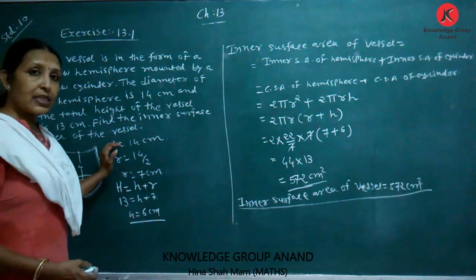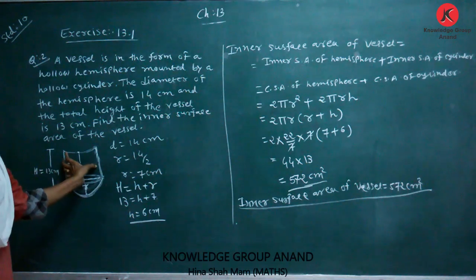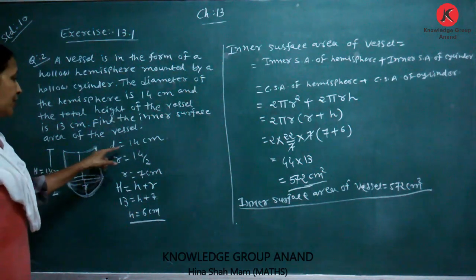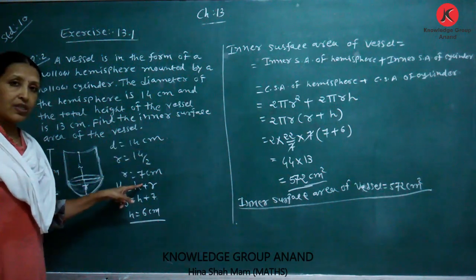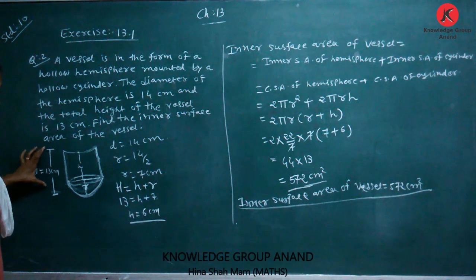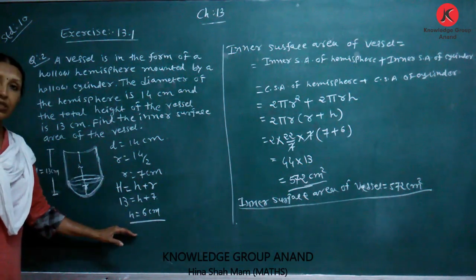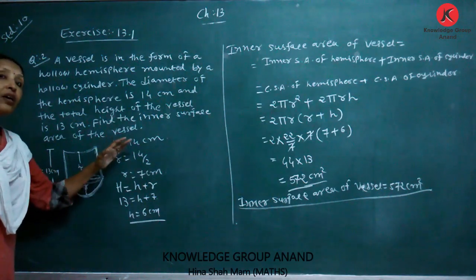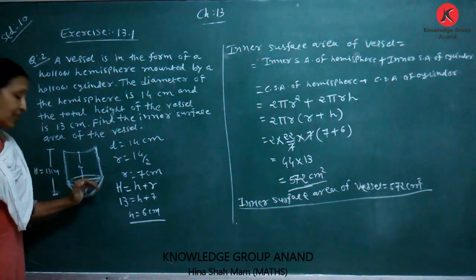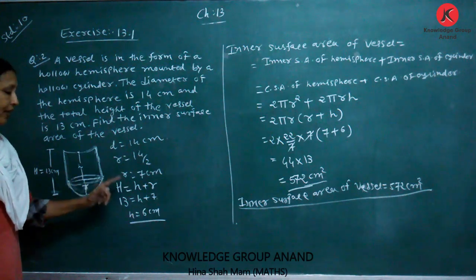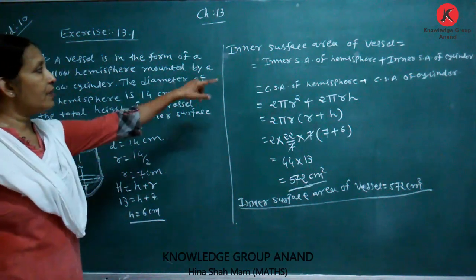Again, the vessel is made up of a hemisphere and a cylinder, hollow hemisphere and hollow cylinder. Then the diameter of the sphere is 14 centimeter. Radius is 7 centimeter. Total height 13 centimeter. Therefore, height of cylinder is 13 minus 7, which is 6 centimeter, as the radius of hemisphere equals its height.